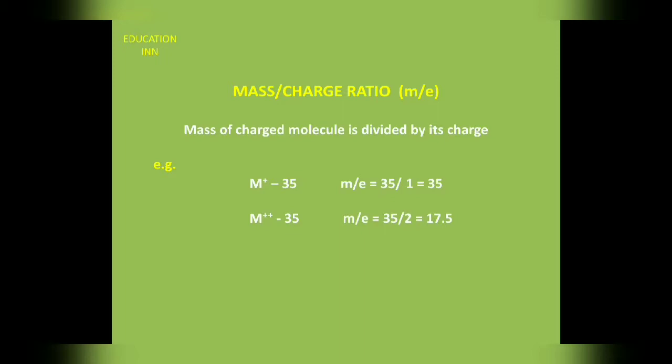So these different m/e values play an important role in separation of different isotopes in magnetic field. m/e value is the main factor that separates out isotopes in the magnetic field. Magnetic field actually works on the basic principle of this m/e value.